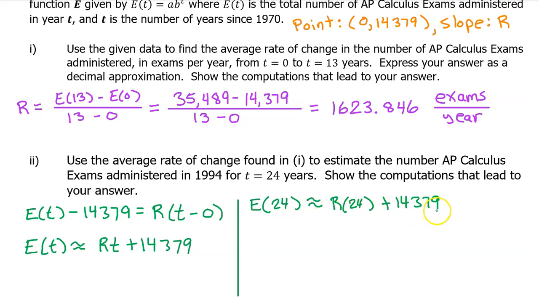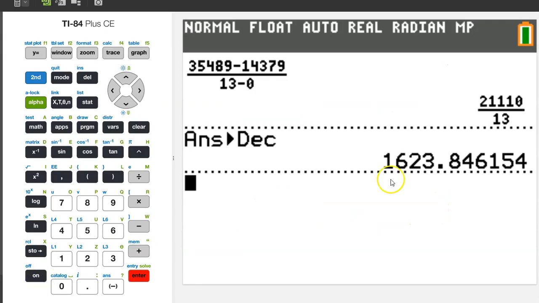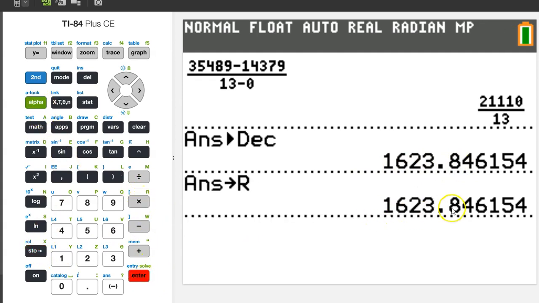Let's type this into the calculator. I forgot to store the rate of change into a letter on the calculator. Let's do that now. Store alpha R. Now it's in there. So we were doing R times 24.